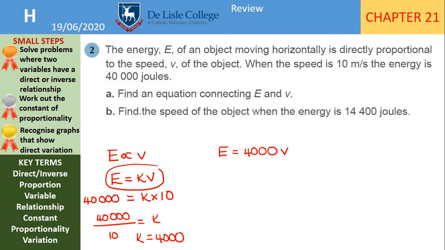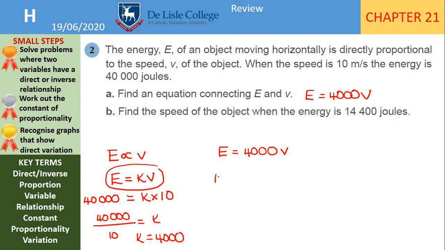Well, actually this is the answer to part A. So E is equal to 4000V. Now I can use this to work out part B. Find the speed of the object when the energy is 14,400 joules.